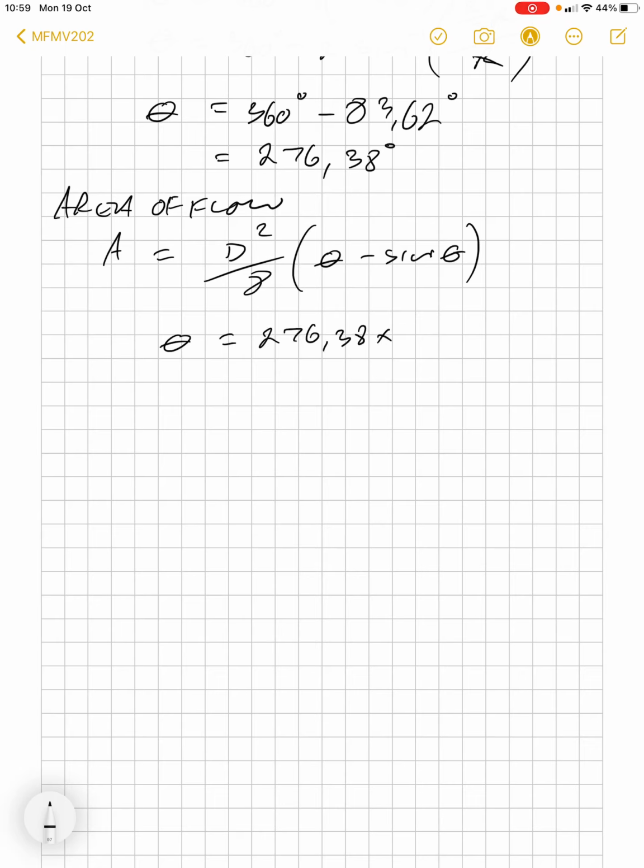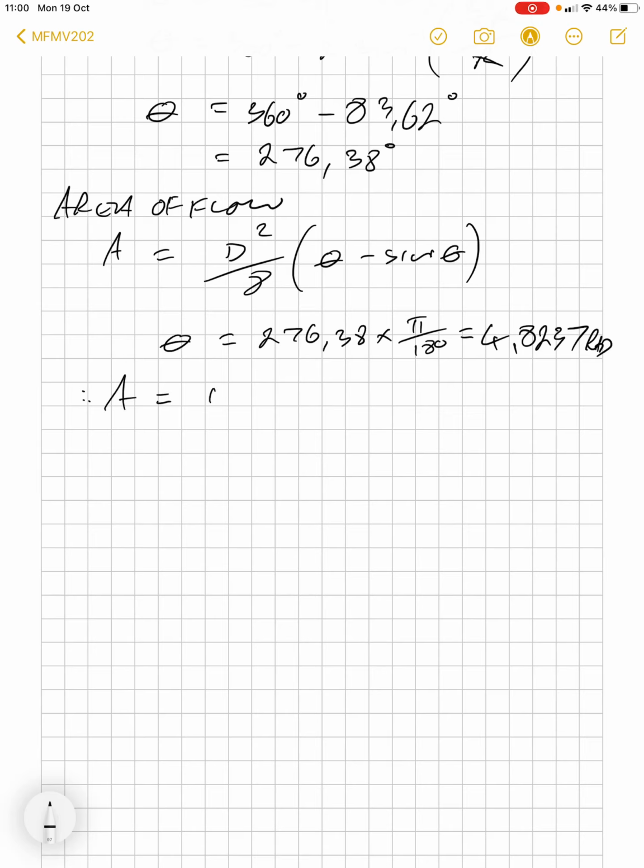Theta is 276.38 times pi over 180, which is 4.8237 in radians.